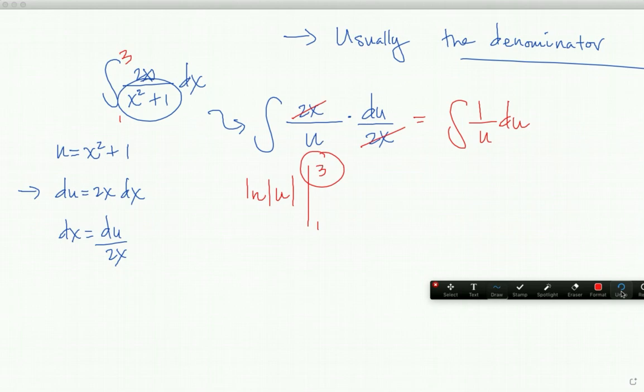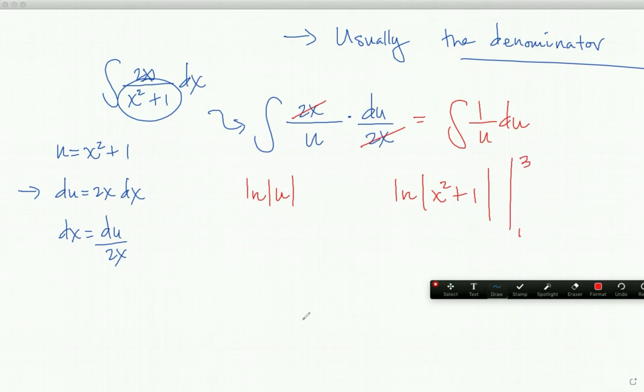So there are two options. One is to go completely back to x, so then we know that the answer in writing natural log of u is really natural log of x squared plus 1. And so then we plug, after we call back u, we can now use 1 and 3 because they're about x. Alternatively, you can also change them to be about u.